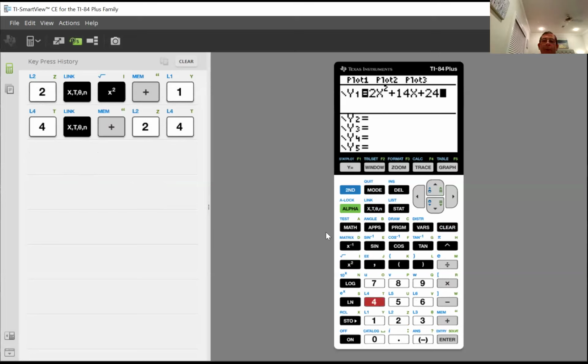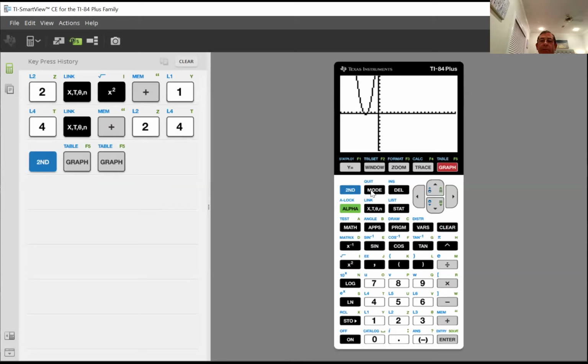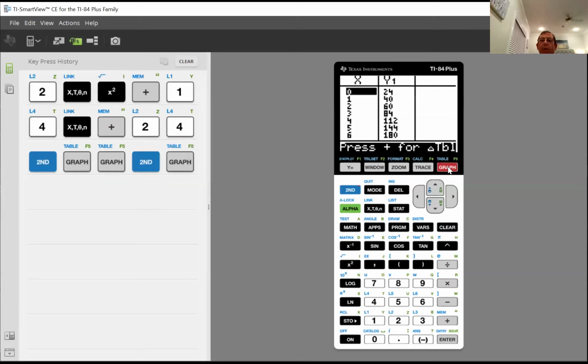Now, I'm going to go to the table first. Now, notice these y values are getting bigger. Whoops, go back to my table. The y values are getting bigger if you go down. So I'm going to go up and see if I can find.